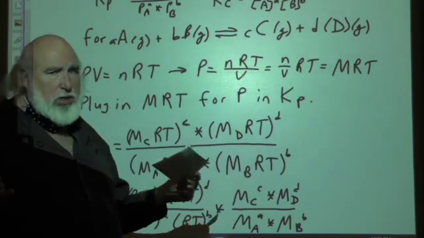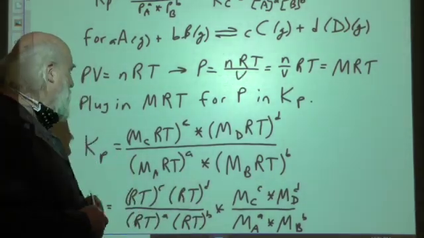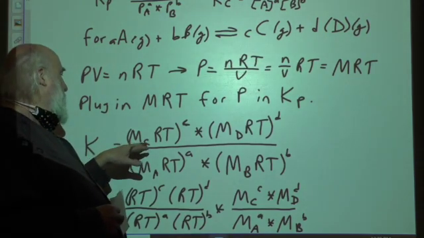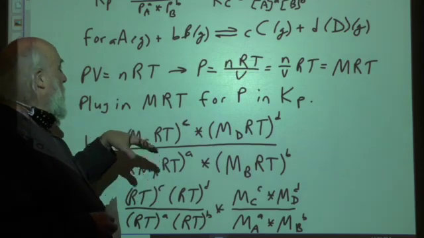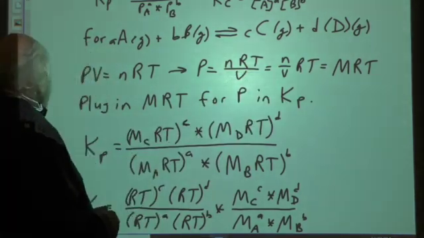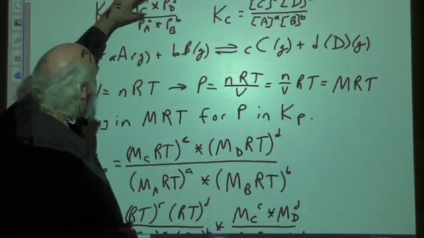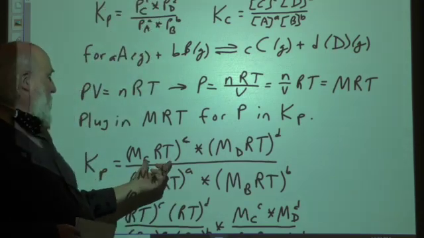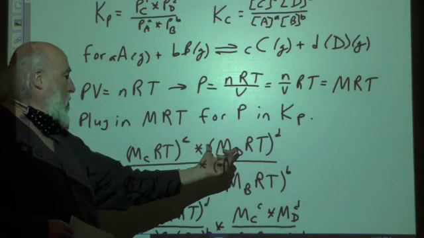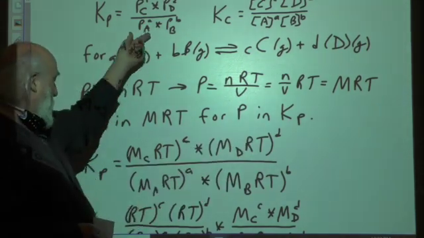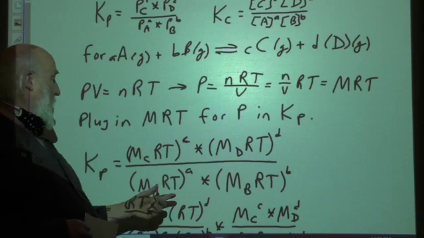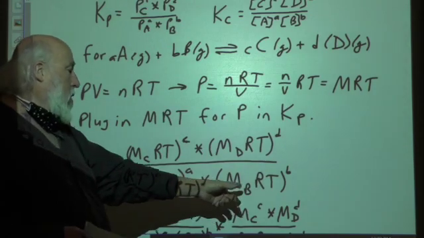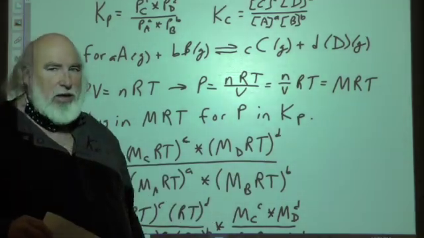And again, we're just using the theoretical so you can see where the same comes from. So the molarity of C times RT to the little c power is what this whole thing is plugging in right there. So this pressure of C is written this way. And the pressure of D is written this way to the little d power. Pressure of A is written as M sub A RT to the little a power, and the pressure of B, M sub B RT, to the little b power. Yeah, this looks like a mess.